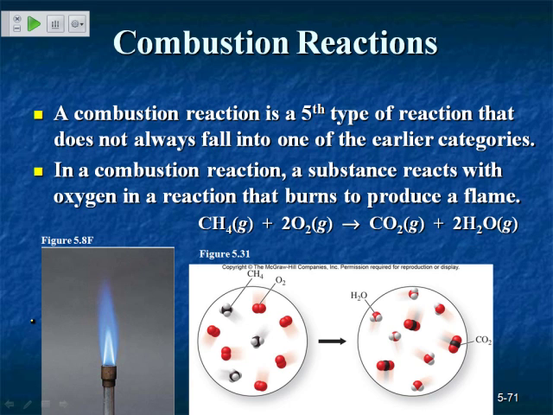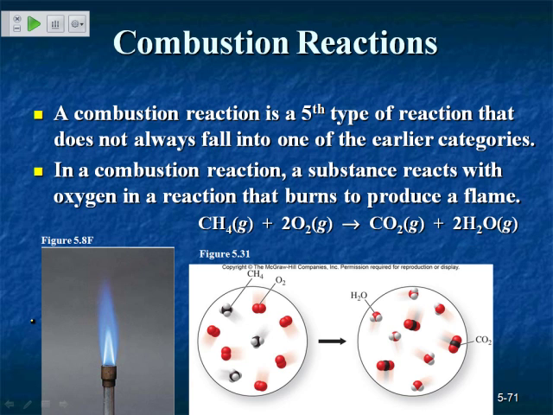Now, a fifth type of reaction. We did not put combustion reaction in the four major categories of reaction, but this is the fifth type of reaction that does not always fall into one of those four categories. In a combustion reaction, a substance will react with oxygen, which will produce a flame, and your products are always carbon dioxide and water.